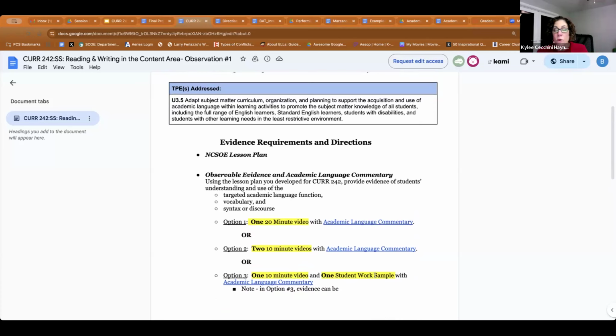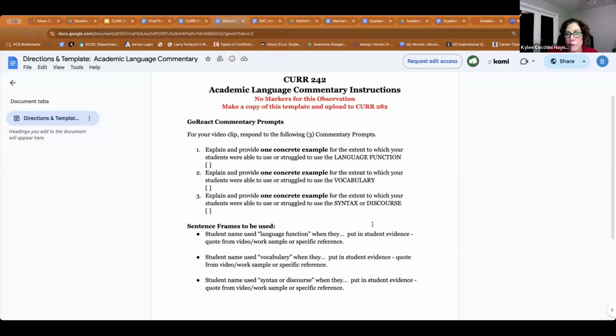And actually, right before we got on the Zoom tonight, I was talking with Lindsay. She wanted to clarify that you actually could have more than one work sample if you wanted to, but just be clear when you're doing your academic language commentary which work sample you're talking about if you've loaded more than one work sample in there.